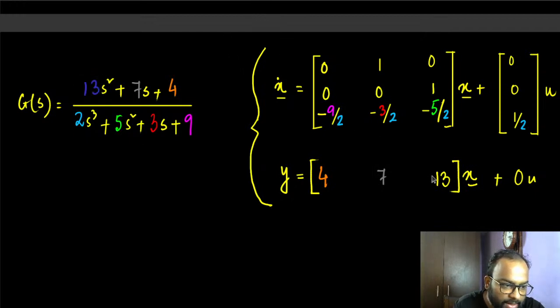Maybe this, and that 13 is appearing. I know that these are not so bright colors, but it will do. So now by looking at a transfer function, you can construct the equivalent state space model. Please let me know if you have any query up to this point.